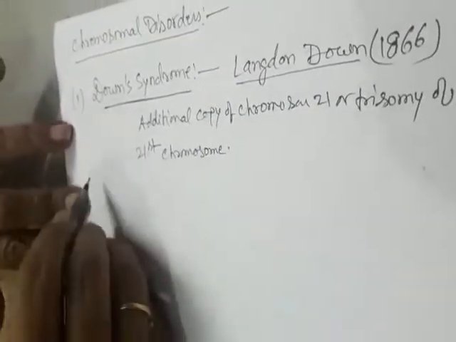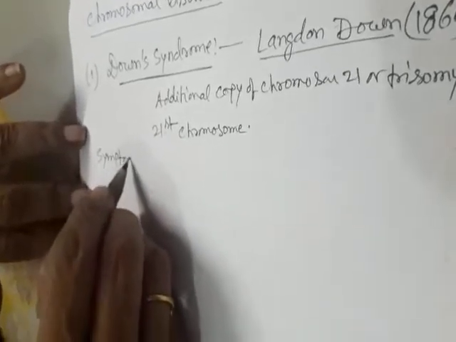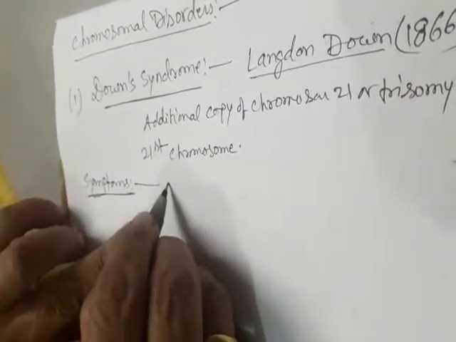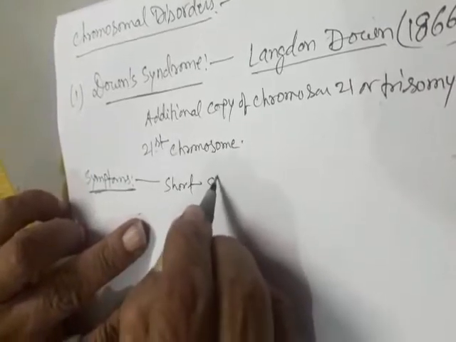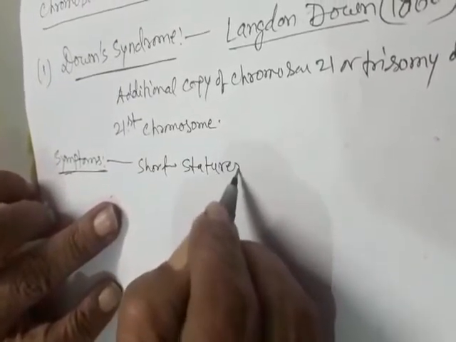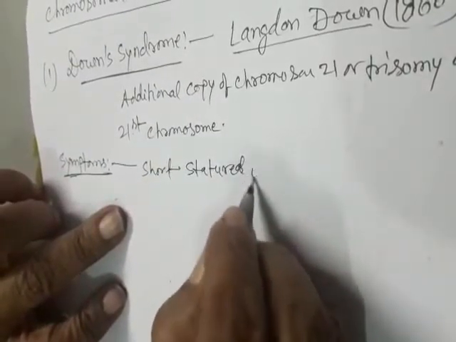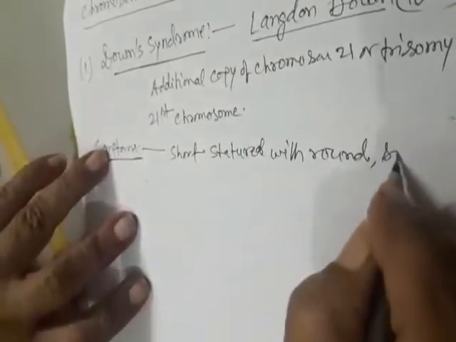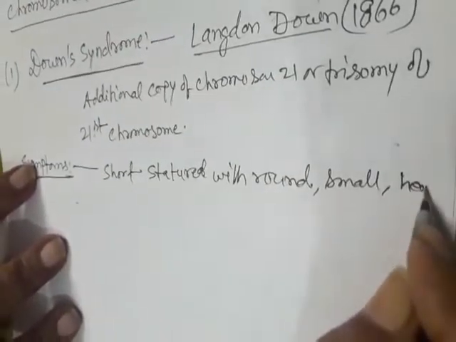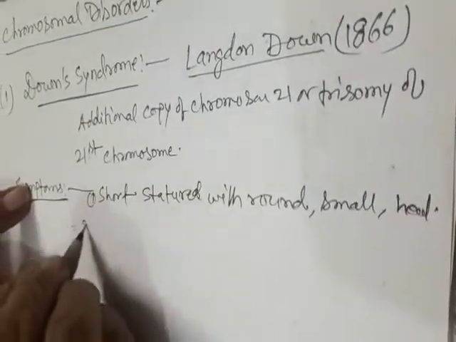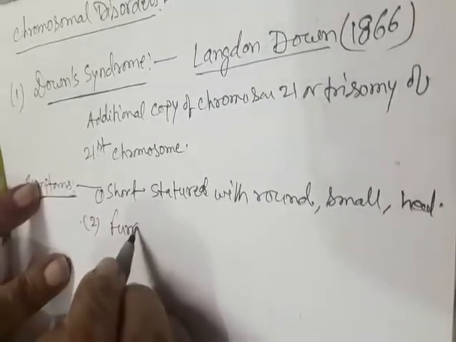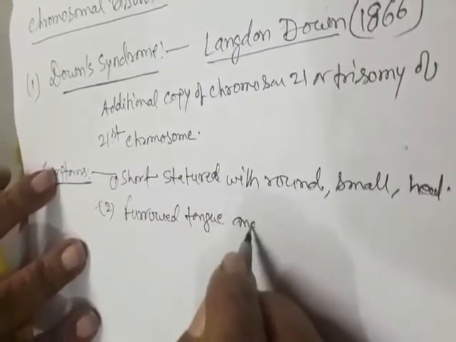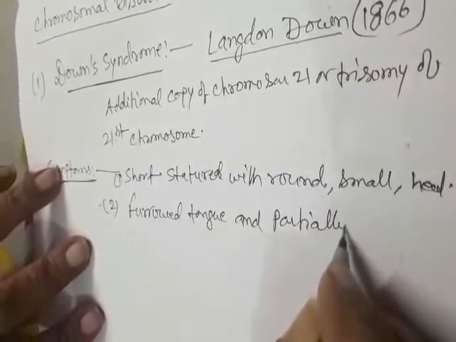Symptoms: short stature with a small round head, furrowed tongue, and partially open mouth.